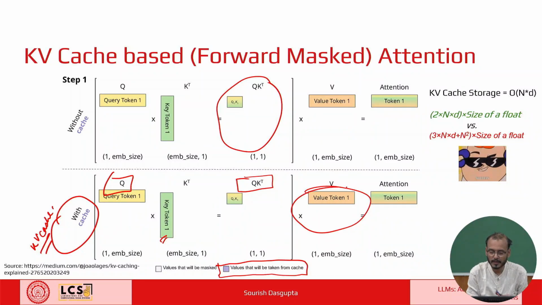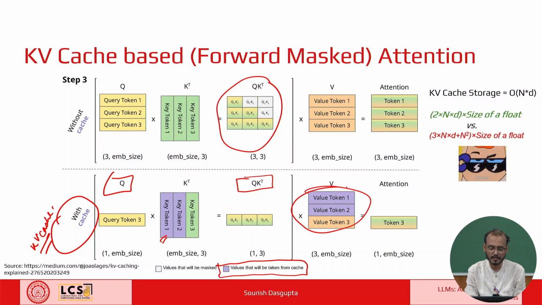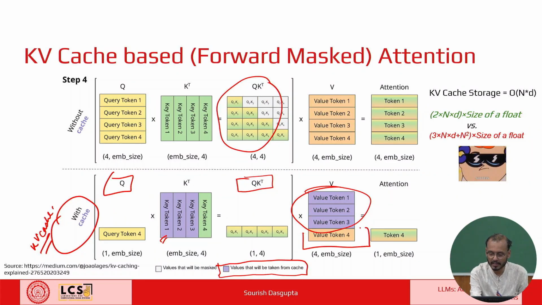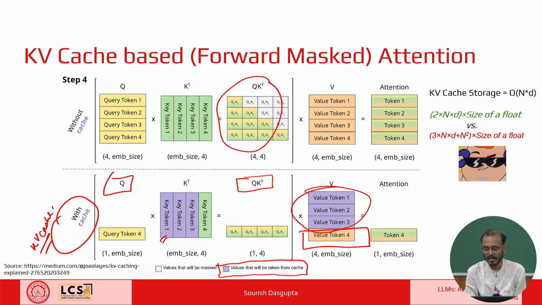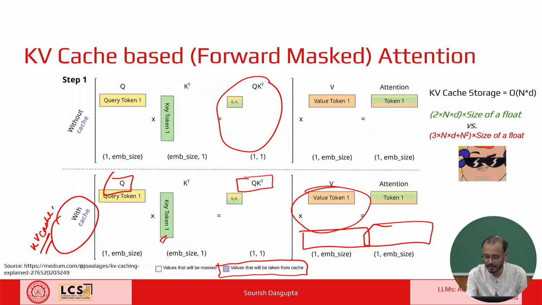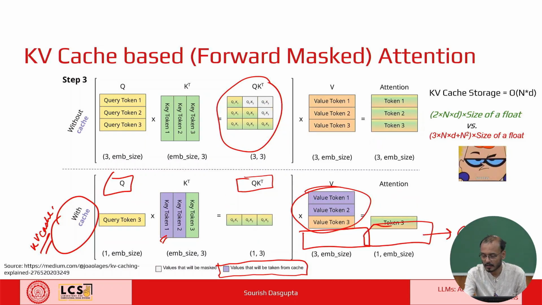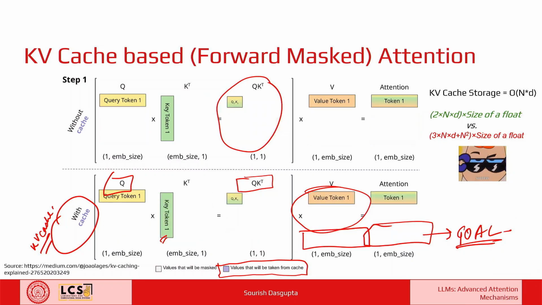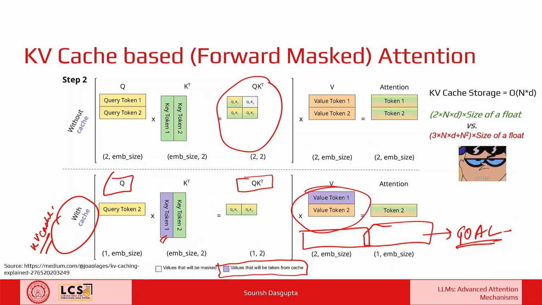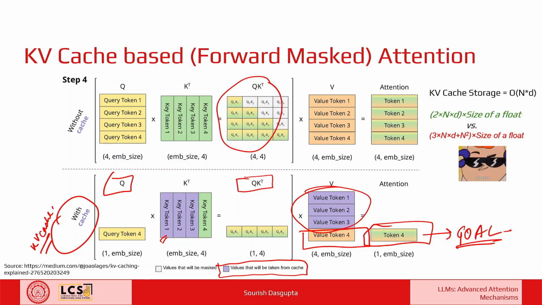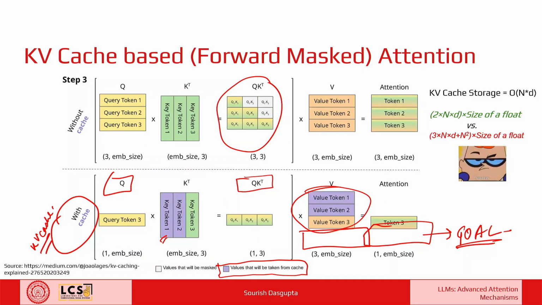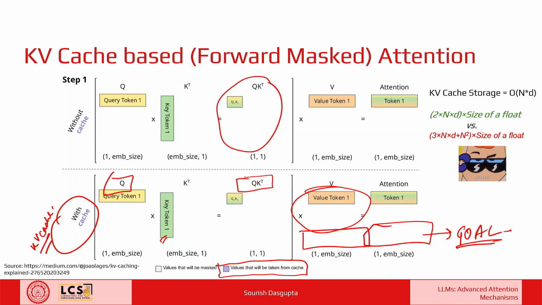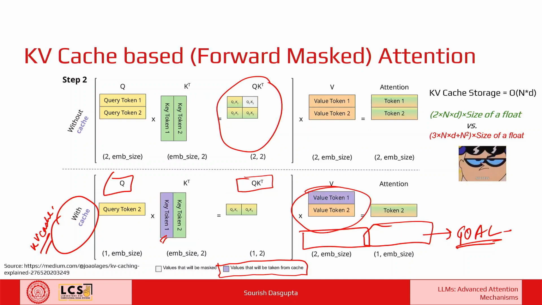So again, I am getting all this from the cache, and what matters is this final value or the final token, and I am only interested in token 4. That's what I'm only interested in at time point T4. So at time point T5, similarly, you can generalize. I'm only interested in token 5, and so on and so forth. So that's what I'm doing.